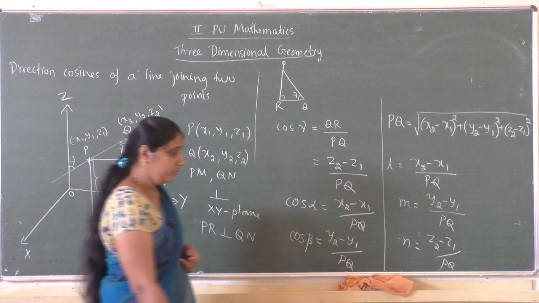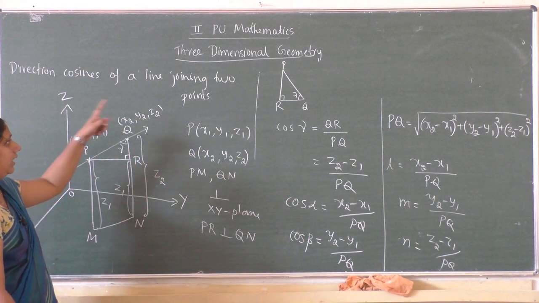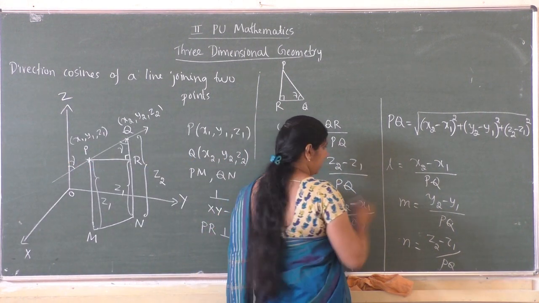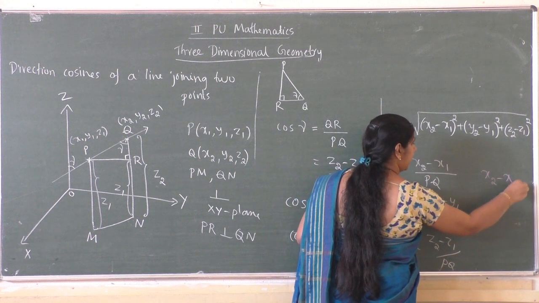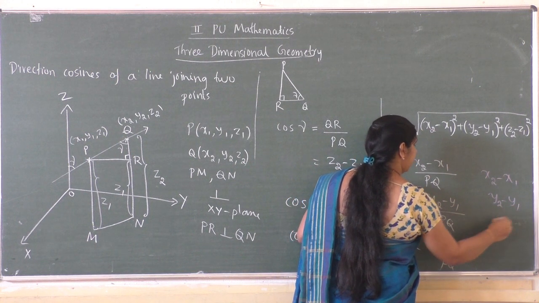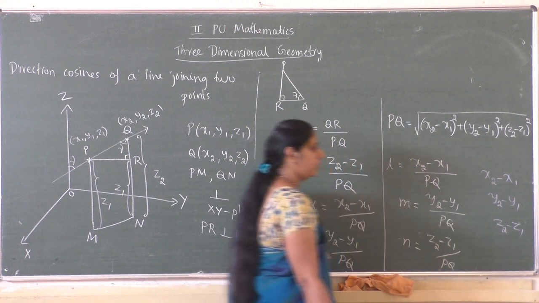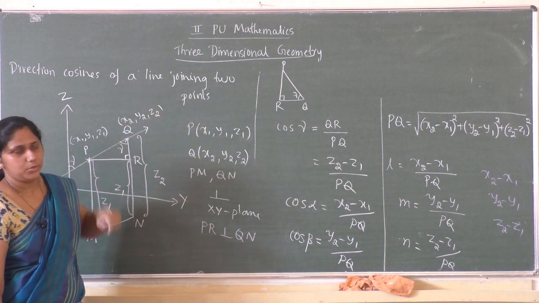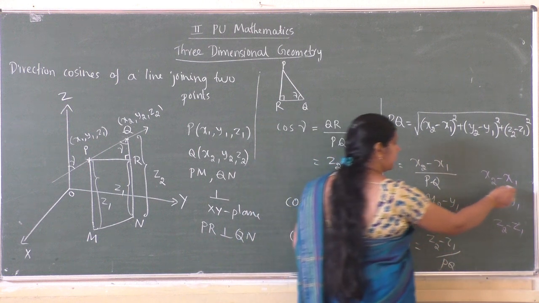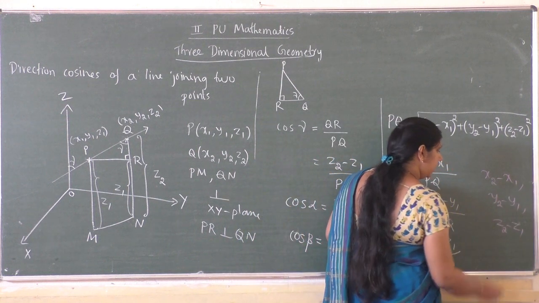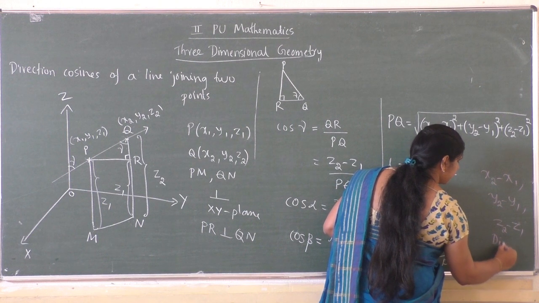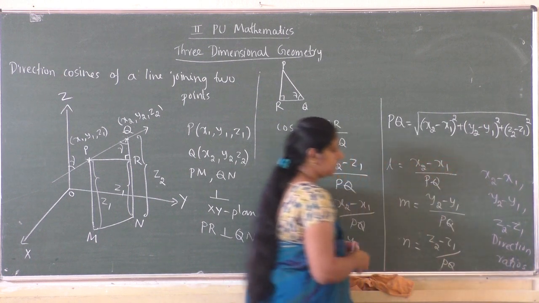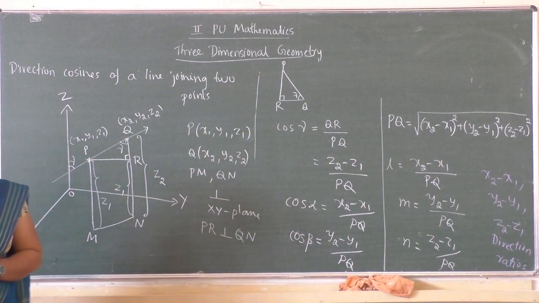So these are the direction cosines of a line joining 2 points, where x2 minus x1, y2 minus y1 and z2 minus z1, these three are called the direction ratios of the given line joining 2 points.